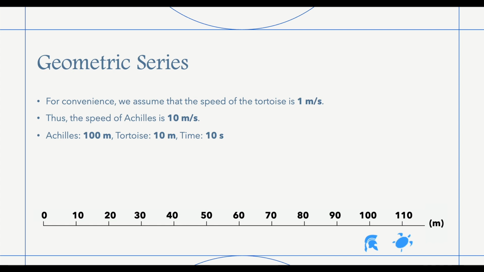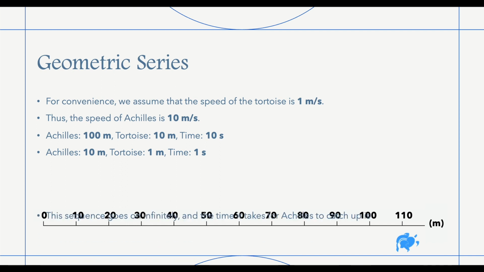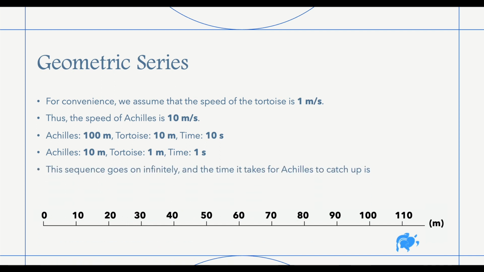Now he's only 10 meters behind. The second period is when he runs 10 meters and the tortoise only runs 1 meter, and the time is 1 second. So on and so forth, and the sequence goes on infinitely.